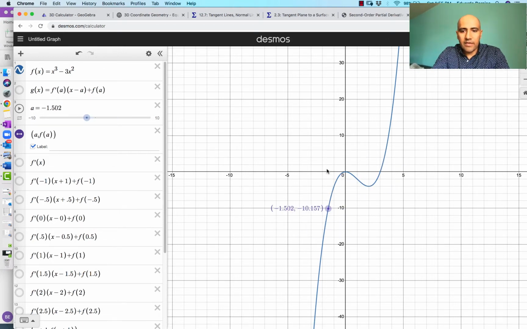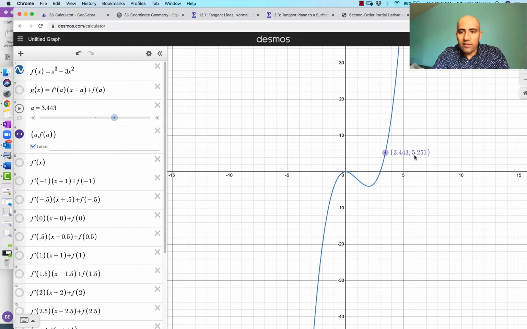Right now the input is negative 1.5, and given that input value, the output is negative 10.157. As that point travels along the function, we want to know the instantaneous rate of change. Not only do we want to know the input and output of that point, but we want to know where it is heading next.